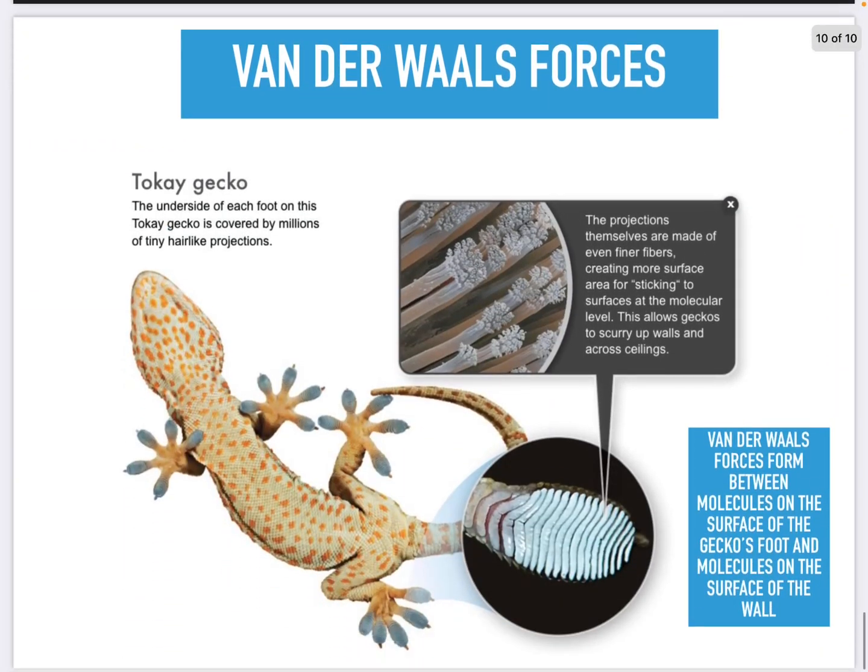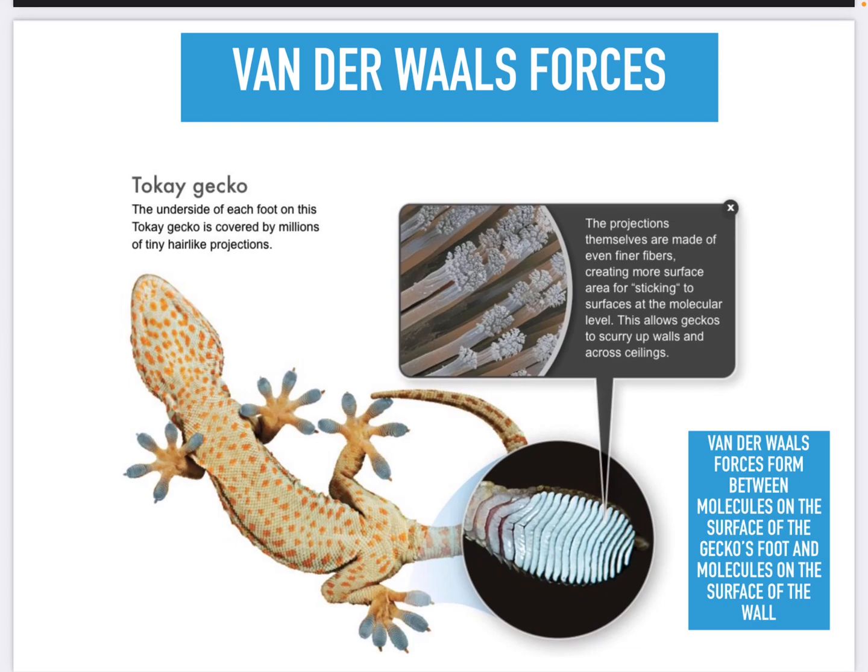Your book also mentions a type of force called van der Waals force, which is not ionic, it's not covalent, but it is an interesting force that creates a stickiness to substances. In the case of the gecko, the underside of his foot is covered with millions of tiny hair-like projections, and each projection is covered in even finer fibers, which creates a lot of surface area for sticking.